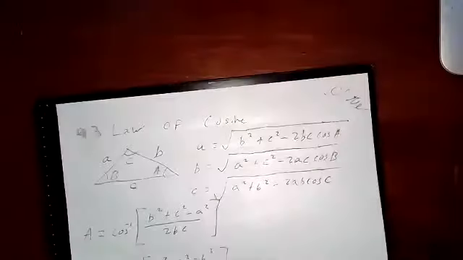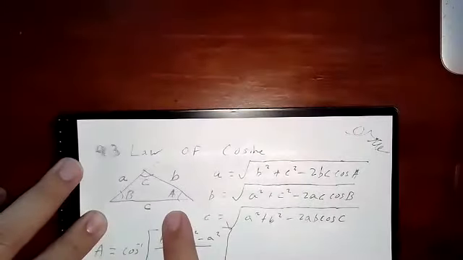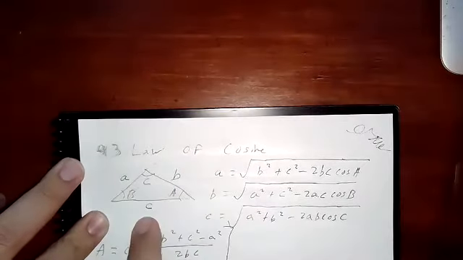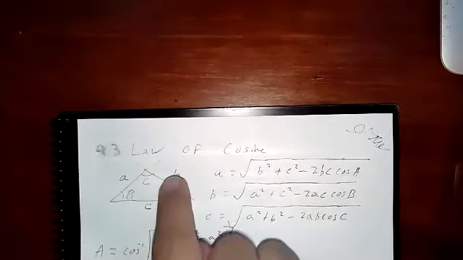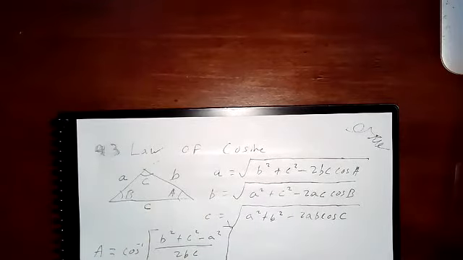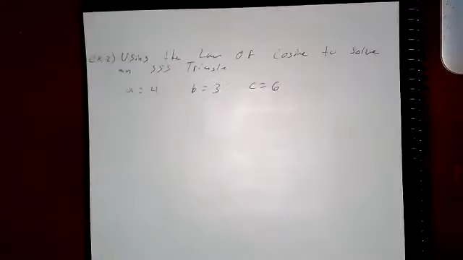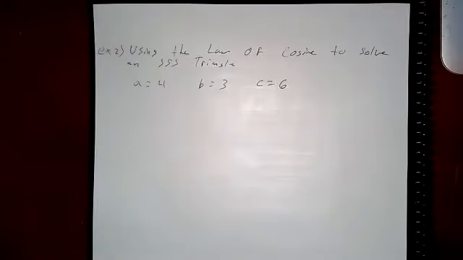So the one we drew is just a general triangle. SSS means that you have ABC only, and you do not have the angles. So on this one, we only have the outsides, no angles.